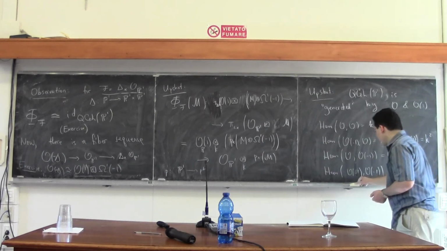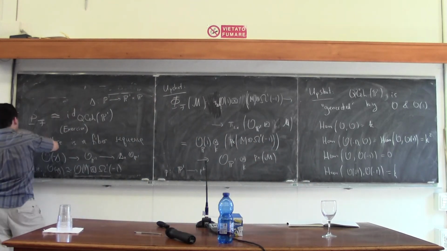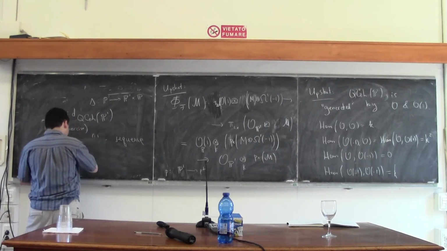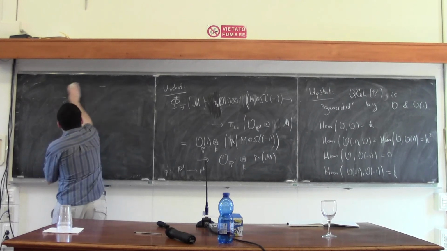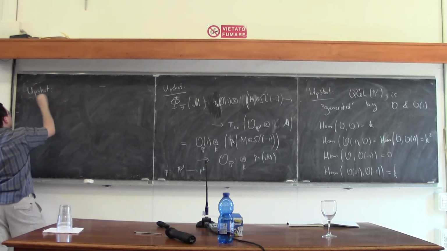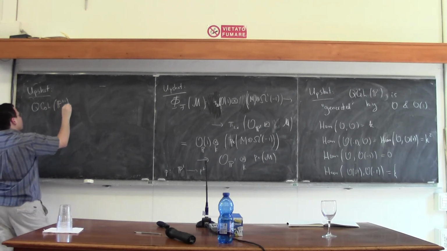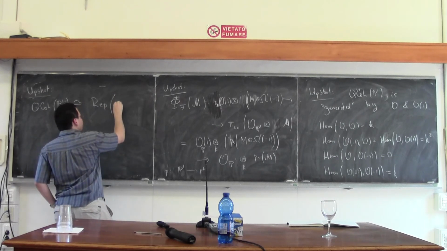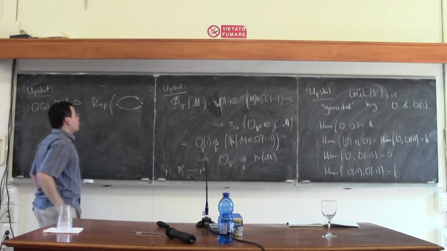So really the upshot, and I recommend understanding this statement, is that the quasi-coherent sheaves on P1 are equivalent to representations of the quiver given by two nodes and two arrows in this direction.